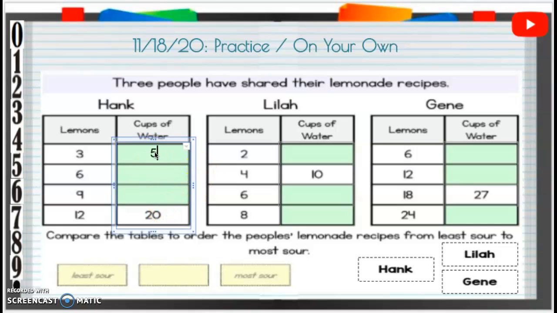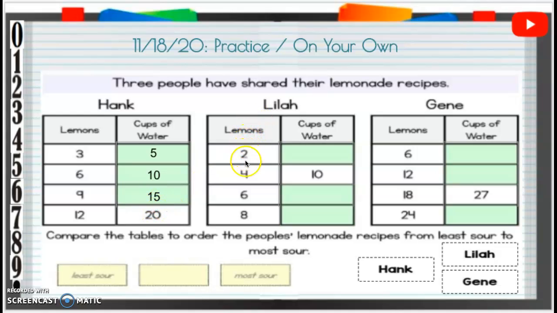I know 5 times 4 equals 20. Look, if I go 5, 10, 15, and then I have that 20. There's a pattern there, so you can use that pattern. So the lemons, there's 3, 6, 9, 12. Cups of water, 5, 10, 15, 20.